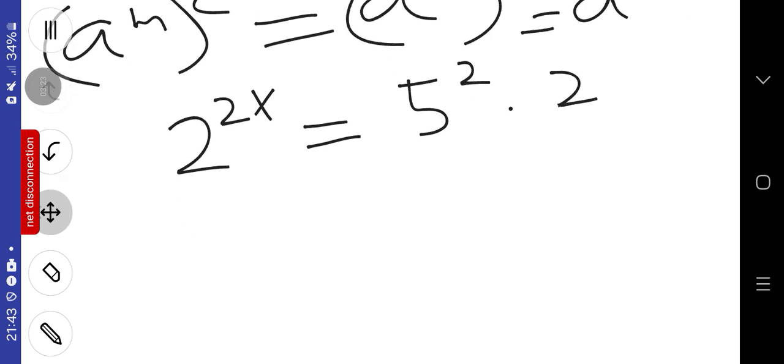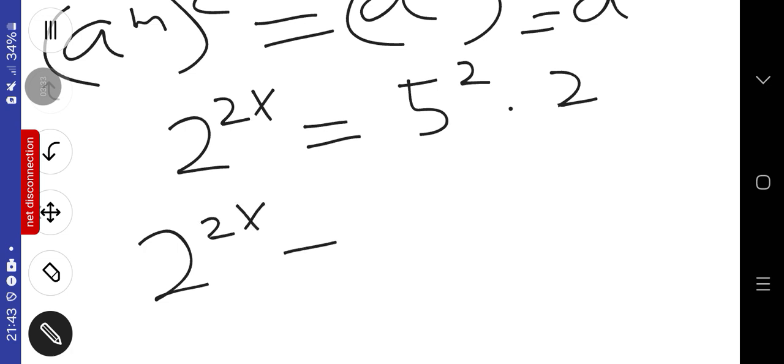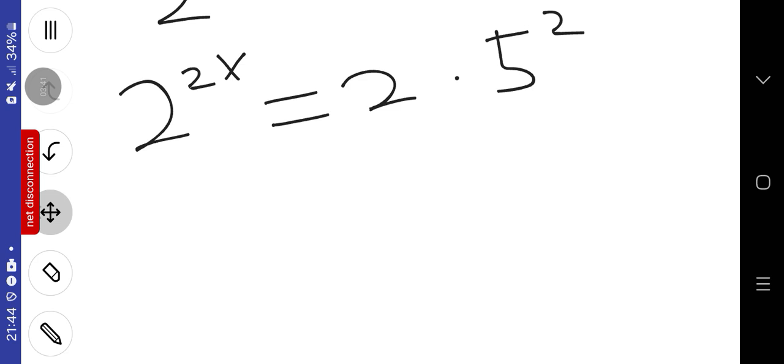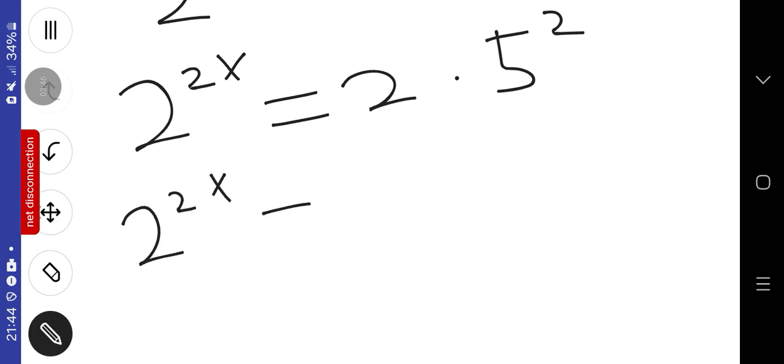At this stage, we are going to rearrange the components in the equation. So you're going to have 2 exponent 2x equals 2 times 5 exponent 2. The 2 here can be written as 2 exponent 1 times 5 exponent 2.